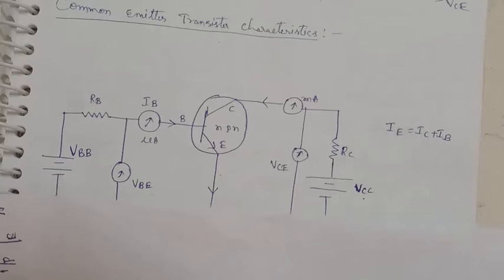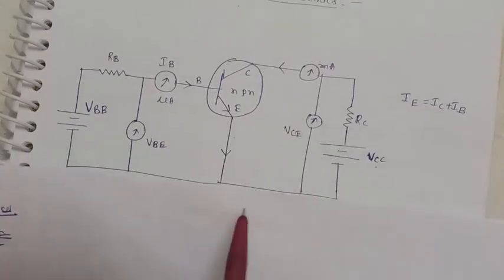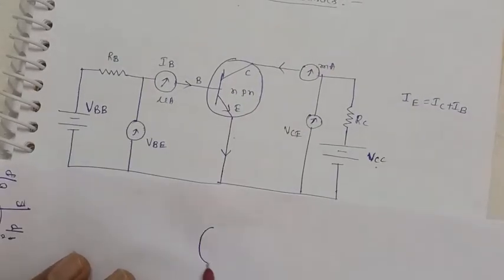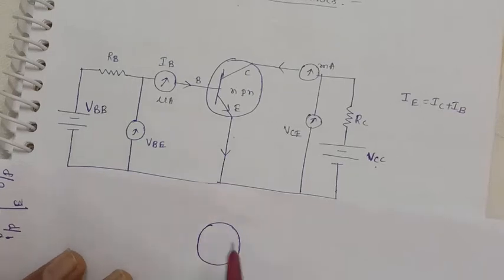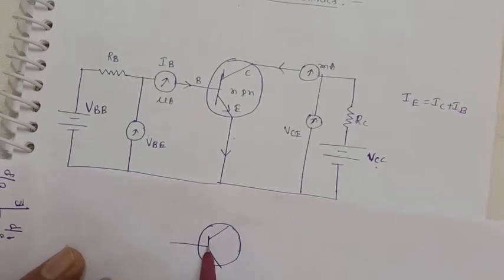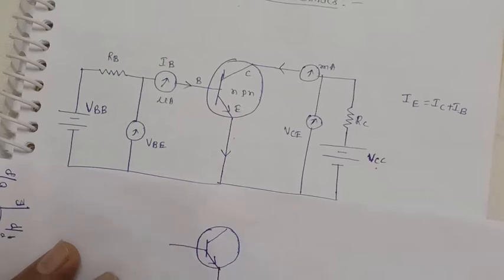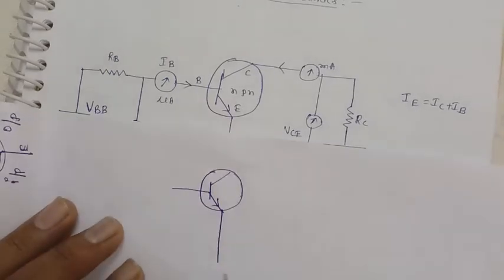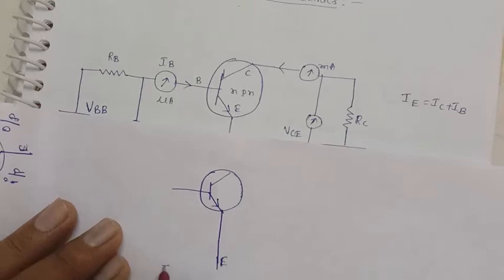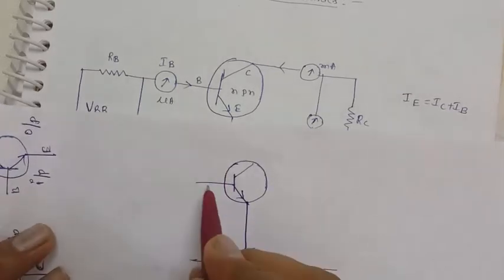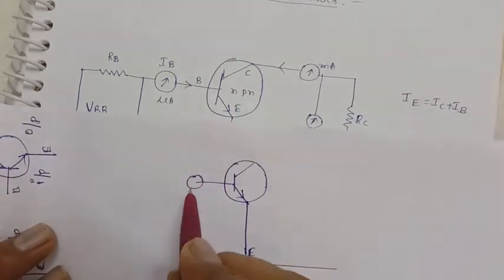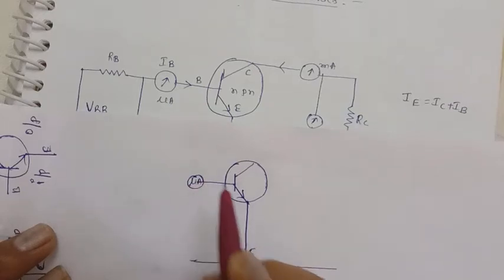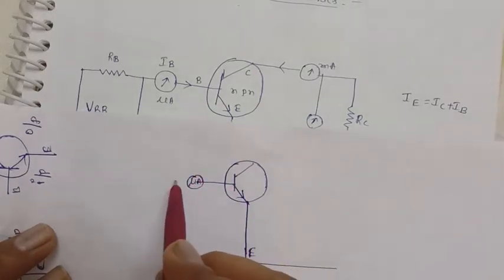So I will draw the diagram once here. First you take the transistor. Common emitter means like this. It is the emitter. And here to measure the current you have to take the microammeter through the base.